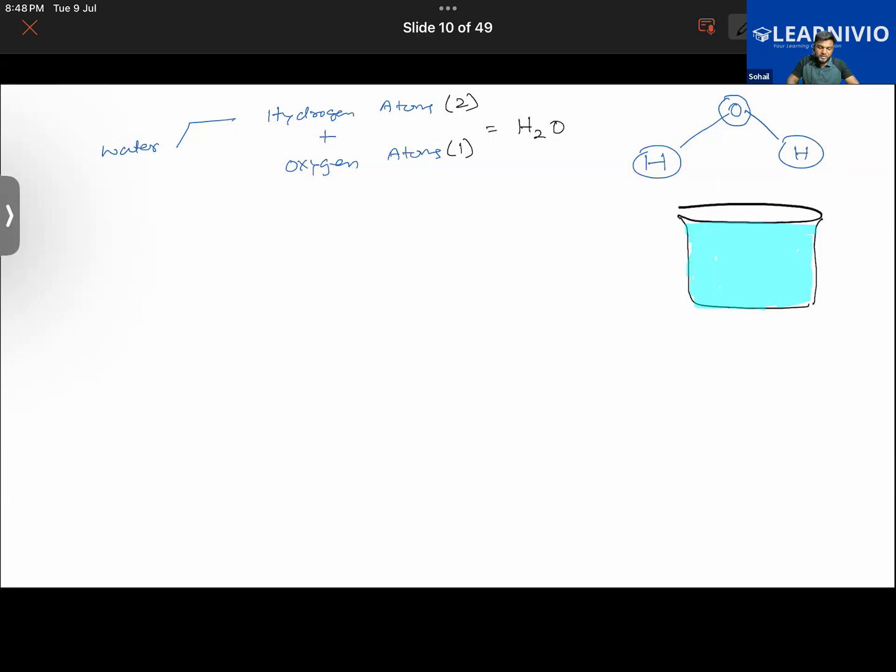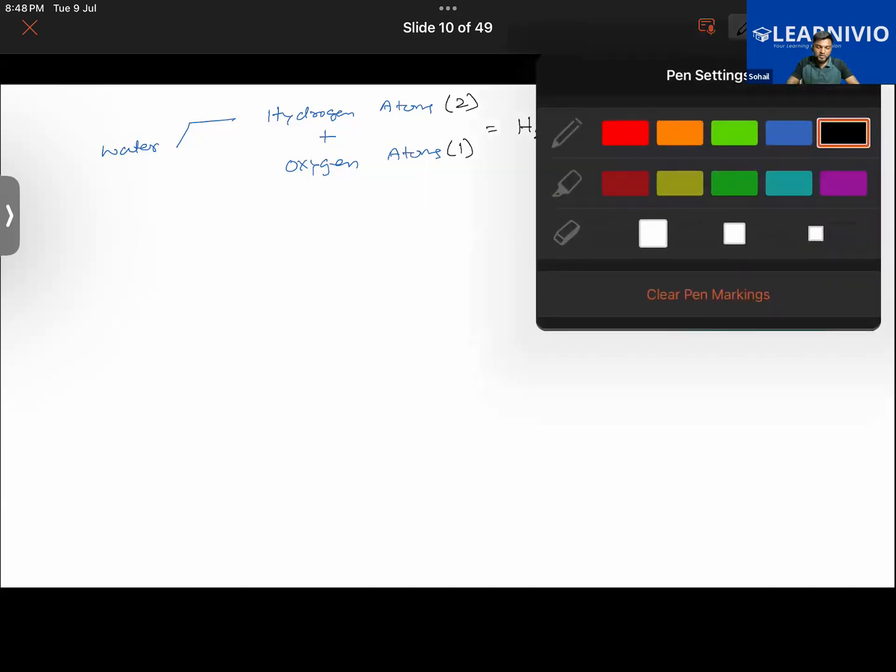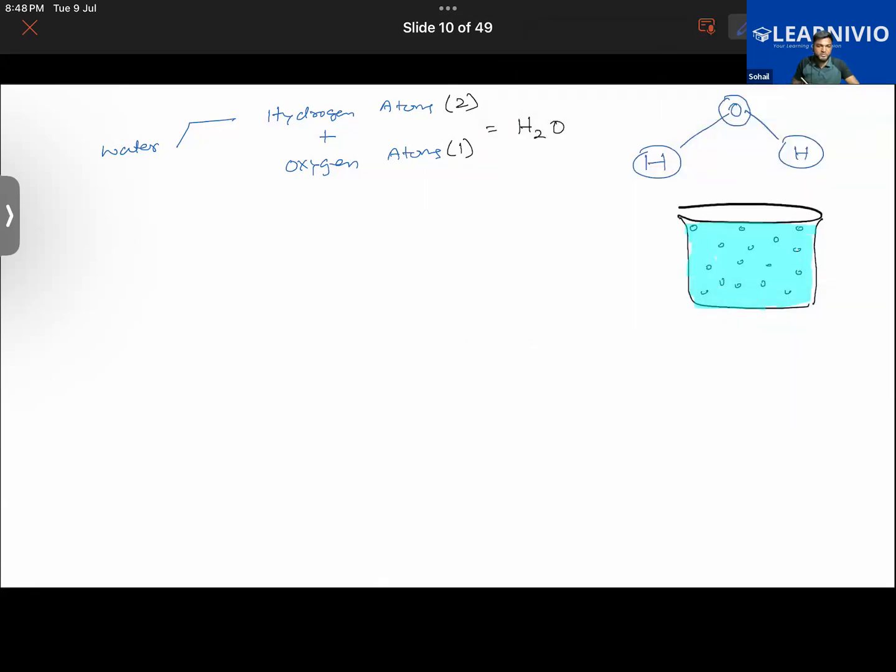If you were to pick out some water from here or from here, no matter from where you pick a sample, every one of them would have the same composition, that is H2O. So thereby it's a pure substance. It's not like iron is mixed into it or carbon is mixed into it. It is just made up of molecules of water only. That's why it's a pure substance.